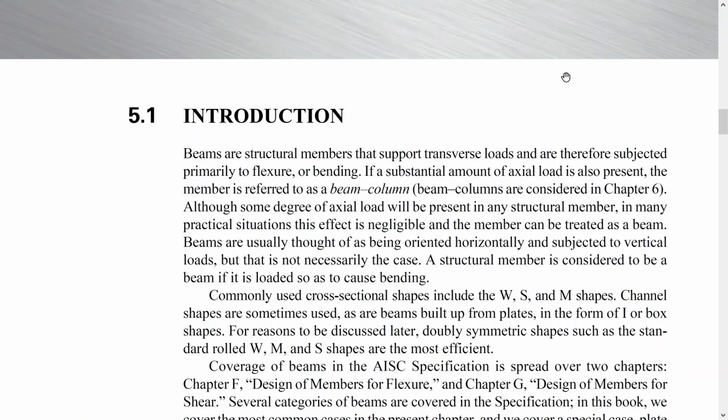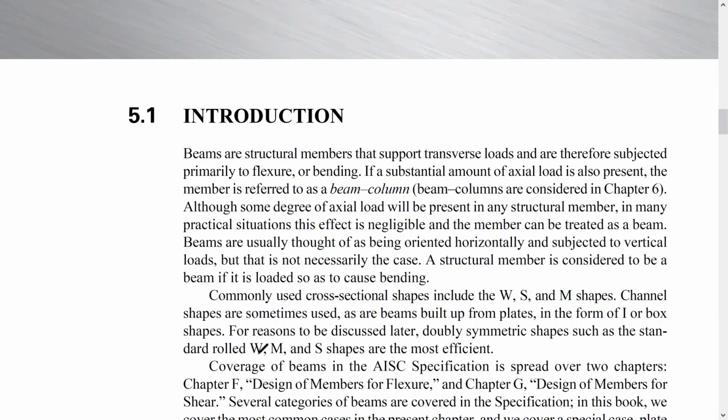Sometimes they are used for built-up sections with plates, etc. Standard hot-rolled sections are the most commonly used shapes for beams because they are the most efficient. So when we say they are the most efficient, what does it mean?